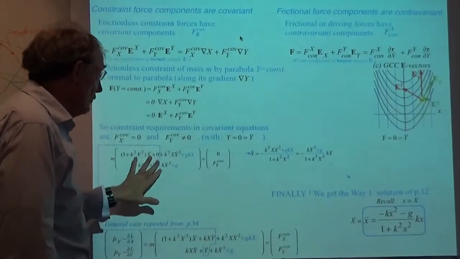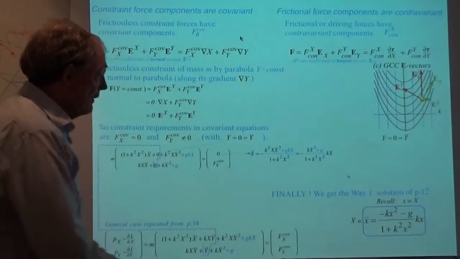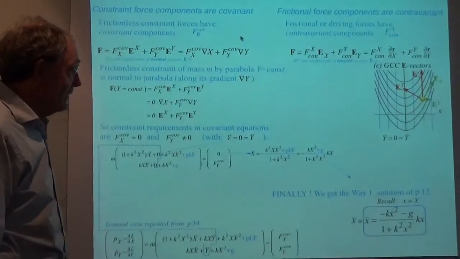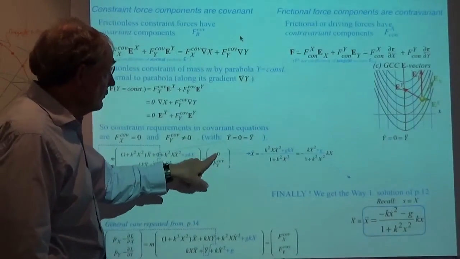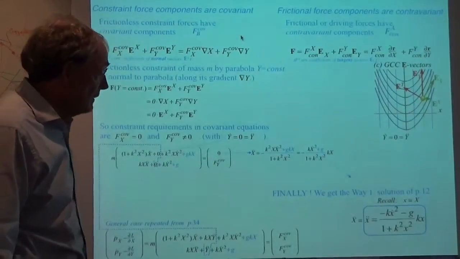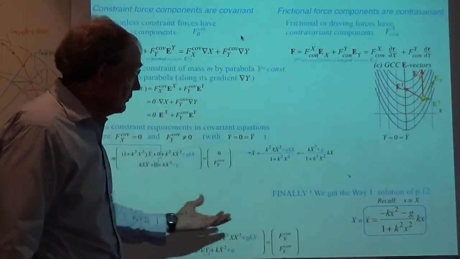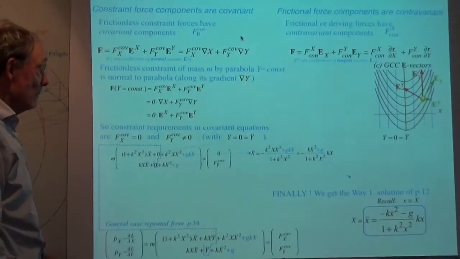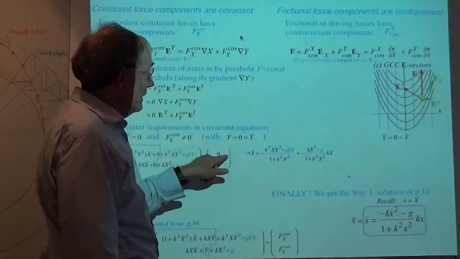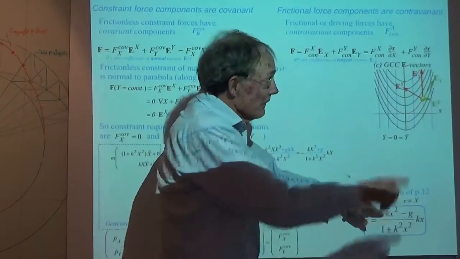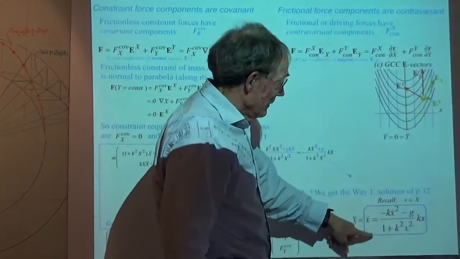So I set that to 0, but the covariant forces, components, now are not 0. Okay, this one we know is 0, but this one is yet to be found. So we're carrying that constraint force through. This is something we haven't really done before. But while we're at it, if this is 0 right here, I've just gotten that equation that's on the other slide.